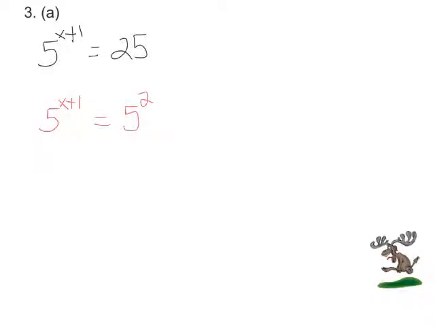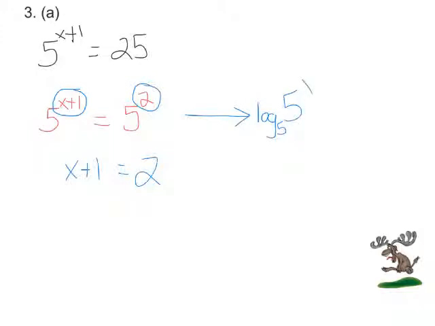Now that I have a common base, all that I need to do is set the exponents equal to each other. So I say x plus 1 is equal to 2. For the curious, one of the reasons we can do that is we take log base 5 of both sides, log base 5 of 5 squared, and we can bring the exponents down in front and the log cancels out.